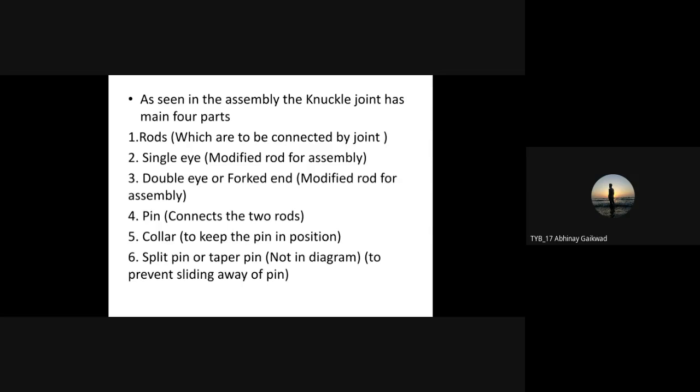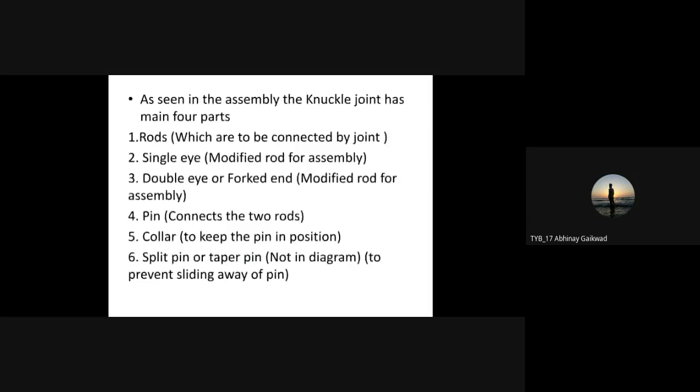Truly, we are not going to find the dimensions by considering the stress induced in that collar as well as in the split pin. We take arbitrary dimensions of the collar as well as the safety pin which we are going to insert in the collar.